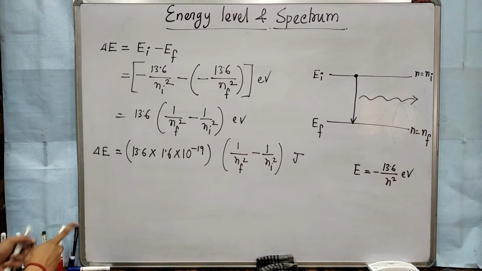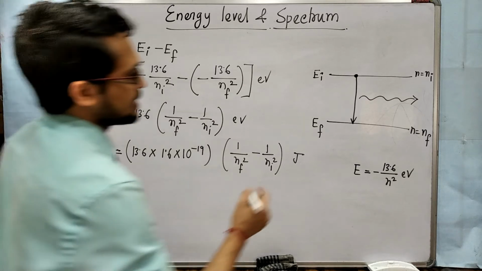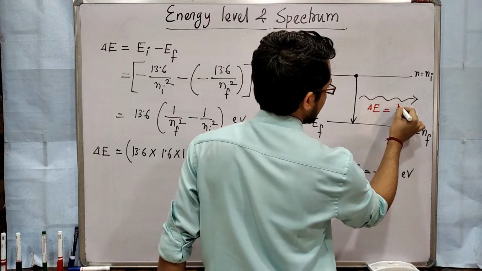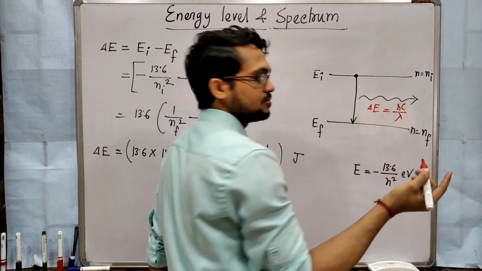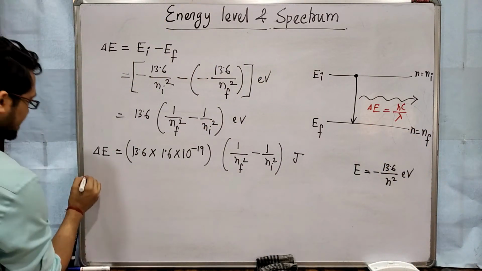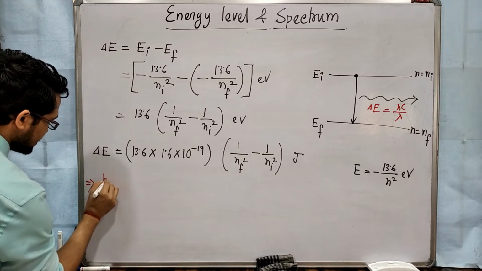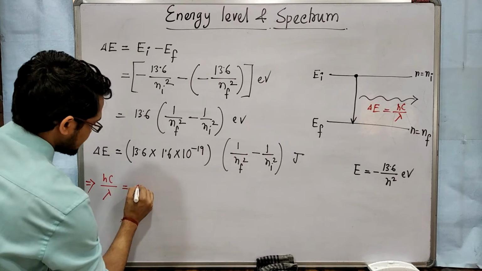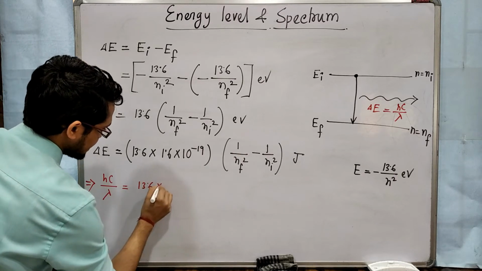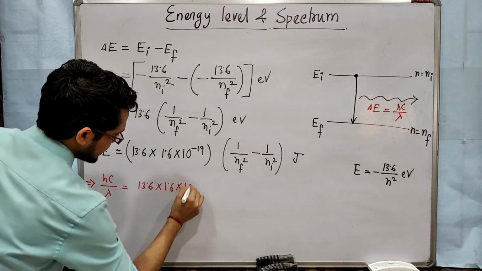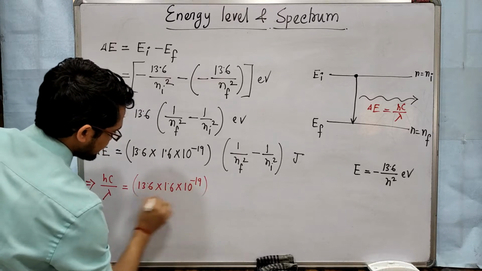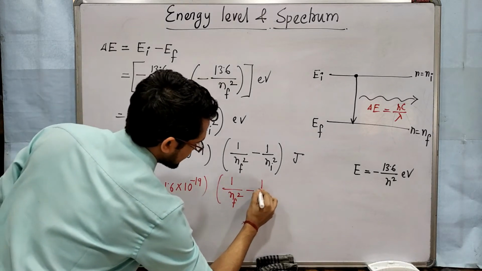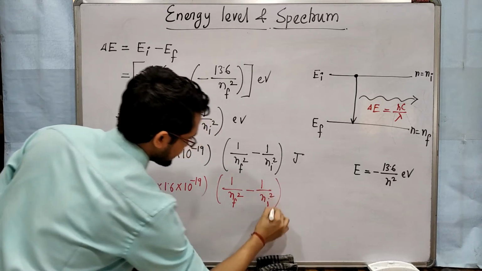Clear? Now delta E we can write as delta E equal to hc by lambda, since E equals h nu. So hc by lambda equals 13.6 into 1.6 into 10 to the power minus 19 into 1 by Nf square minus 1 by Ni square.